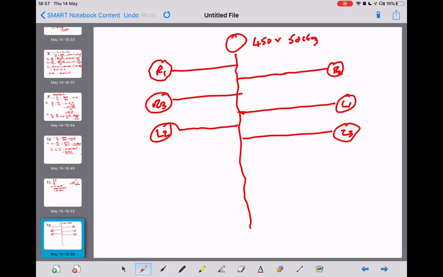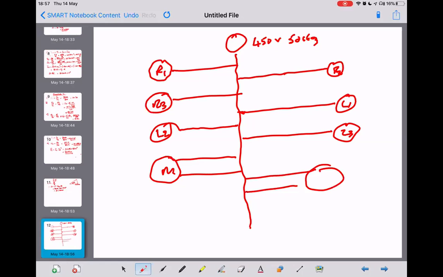We've got M1, M2, your motors, and then you've got 2 capacitors, C1 and C2.